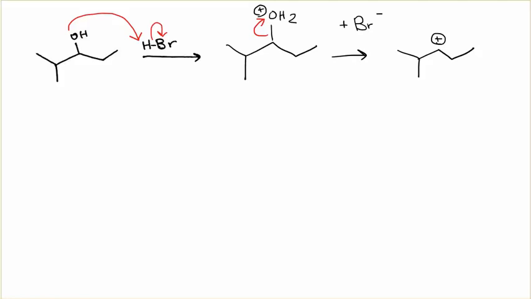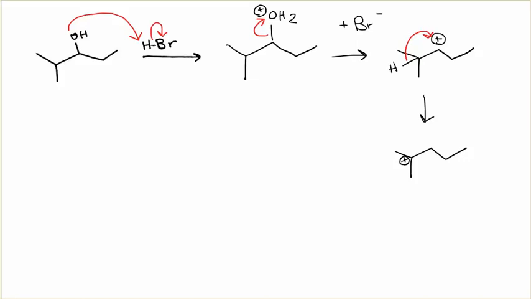So in this case, we can see this is a secondary carbocation. If it just switches places over here, it's going to become tertiary. So this carbocation undergoes a 1,2 hydrogen shift to rearrange to form the tertiary carbocation. That's more stable, and so we're going to fall into this tertiary carbocation.